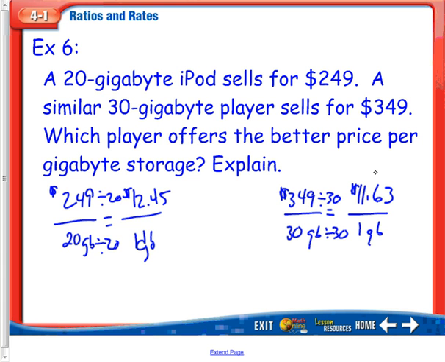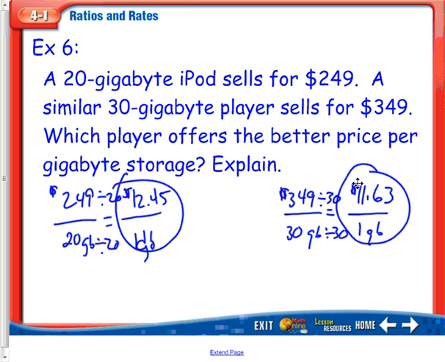So we're comparing these two items right here per gigabyte. So now we're really comparing apples to apples. And you notice, yes, we're spending an extra $100, but we're actually getting a better deal on a gigabyte of storage.